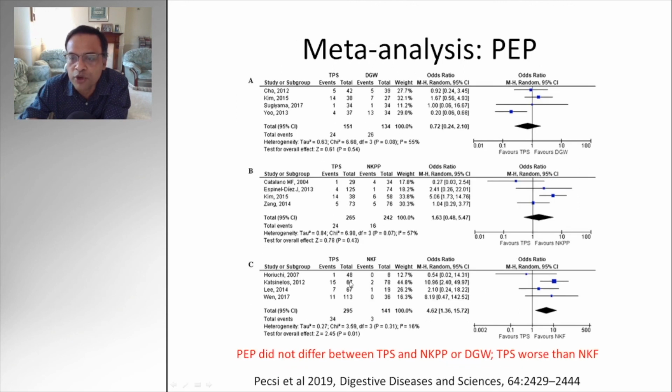In terms of post-ERCP pancreatitis, transpancreatic sphincterotomy was no different to needle knife precut papillotomy or double guidewire technique, as shown by the first 2 diagrams. However, transpancreatic sphincterotomy was worse than needle knife fistulotomy, as shown by the third diagram.